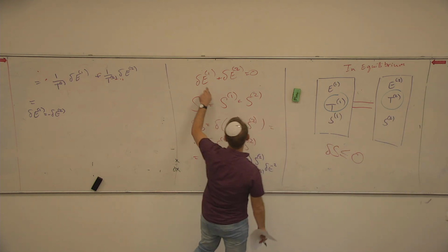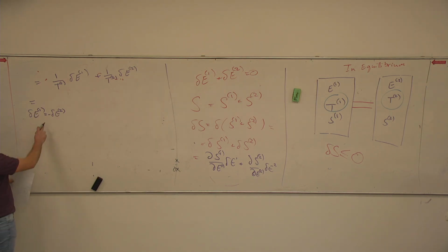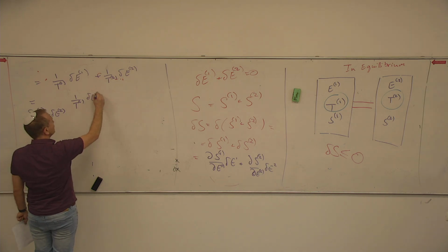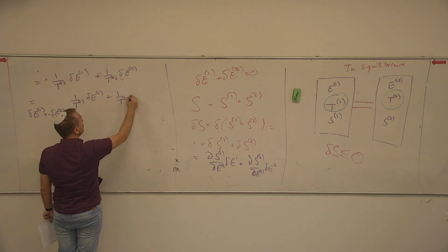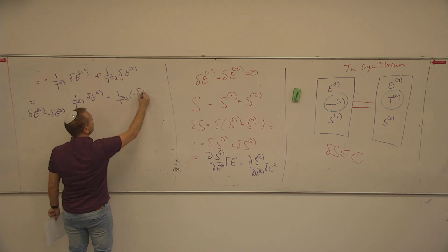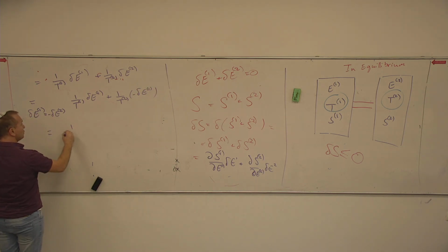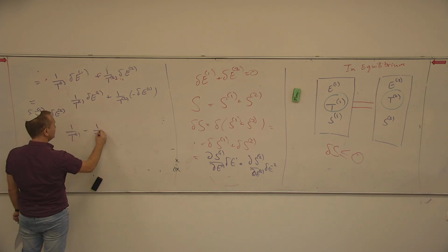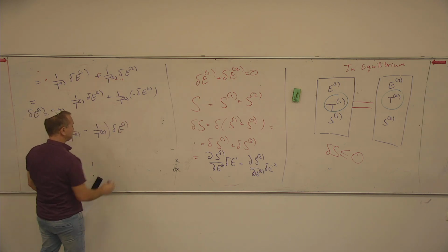But the total energy was kept constant. So what happens is 1 over T1 delta E1 plus 1 over T2 times minus delta E1. So I obtain the following equation: (1 over T1 minus 1 over T2) delta E1.